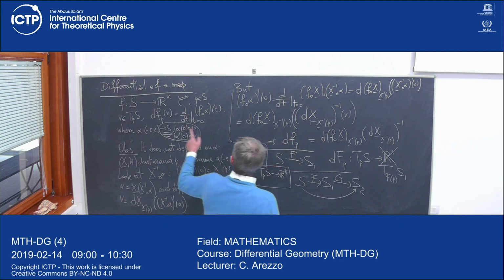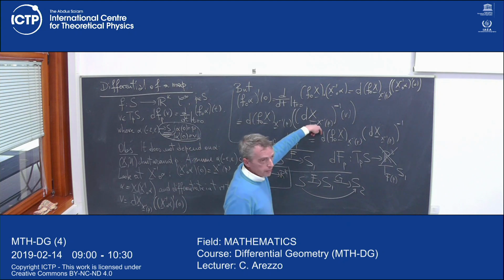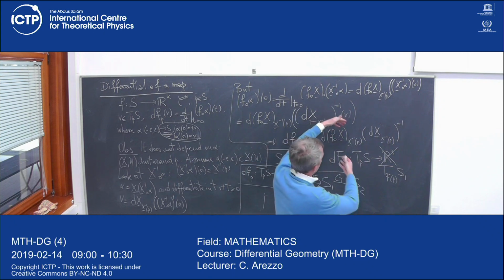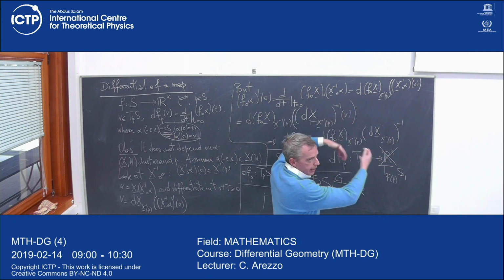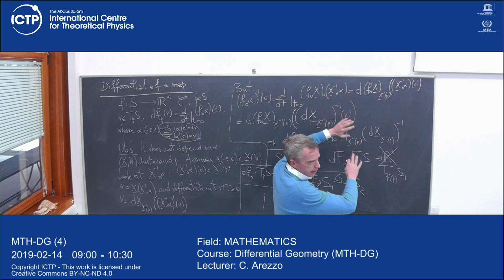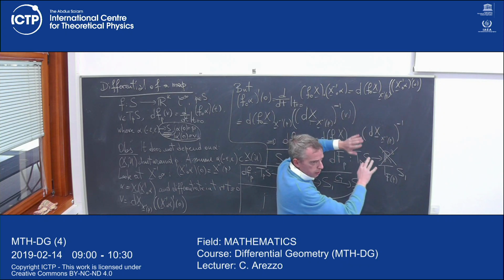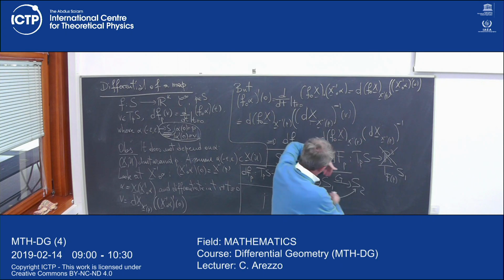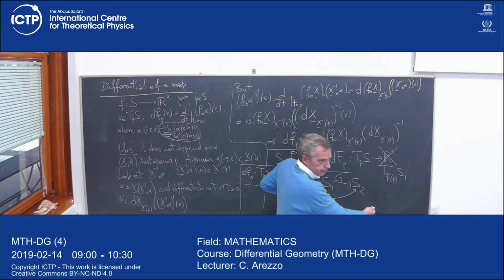Because given the definition, given this horrible formula, there is a formula that tells me that this is actually a composition of the old differentials. It's the old differential composed with dx, and so on. Fantastic. We don't have to take back our book of calculus to prove this one, because the old theorem will imply the new theorem without doing any computation.